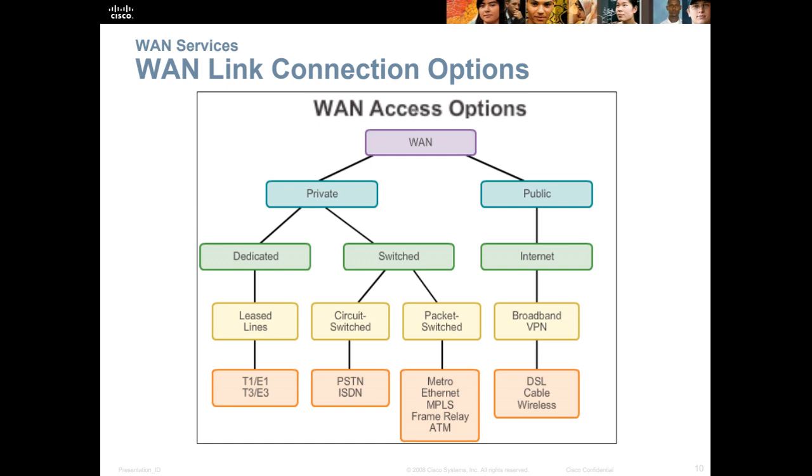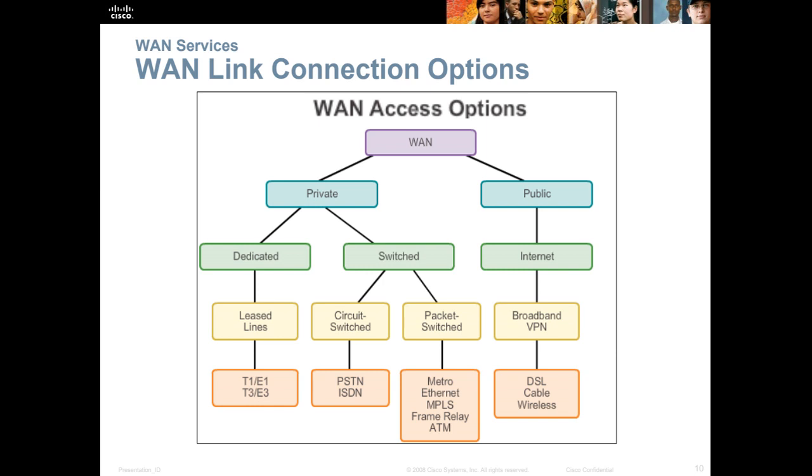Oil companies do that, gas and oil, or even military, they have their own cables, by the way. Then we have examples of leased lines: T1, E1. T1 is in the US and Japan, by the way. E1 is in Europe. T3 is faster than T1, of course.